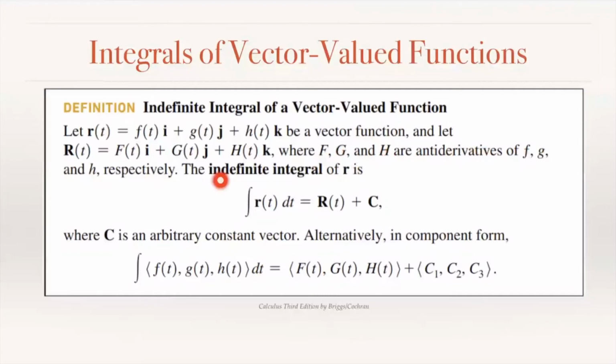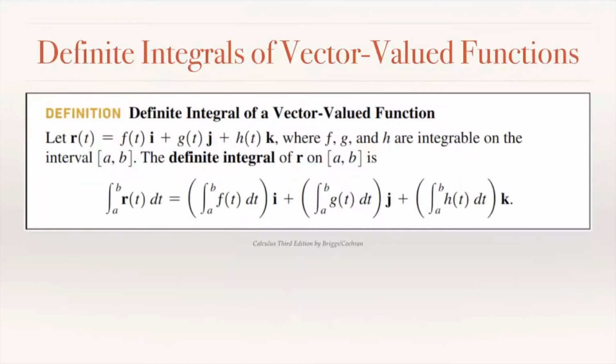So then the indefinite integral of little r, denoted with our usual integration notation, is big R of t plus c. We always have to add an arbitrary constant. And we should note that, as usual, all of these are vectors. So this constant vector has components c1, c2, c3, each of which is a constant. And this is the general antiderivative of little r, in the sense that if you take the derivative of this, then you get back little r.